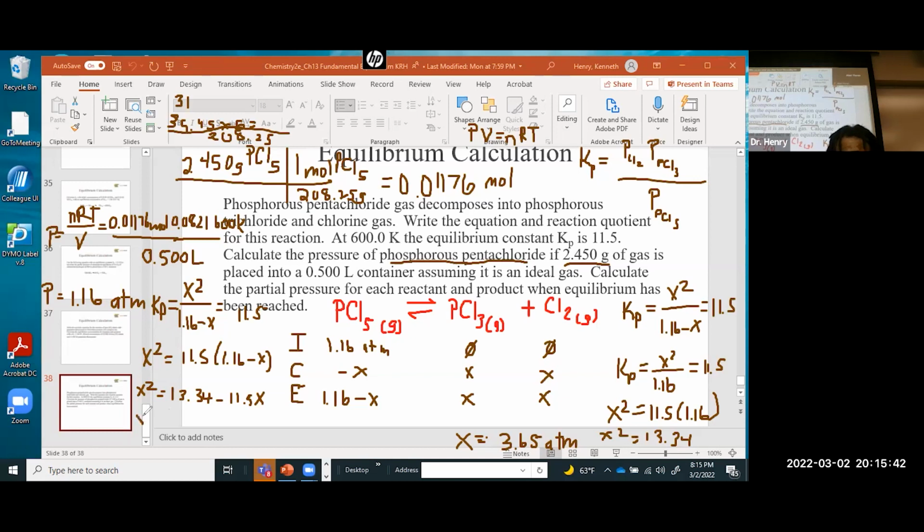So then I get x squared, minus, I'm sorry, it should be plus 11.5 x minus 13.34, and that equals 0. Okay, so we do the quadratic formula. Do you mind if I erase this up here?